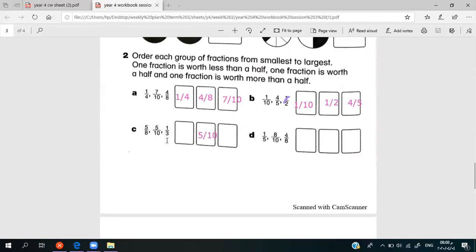Now, which is smaller? A third or a 5 over 8?